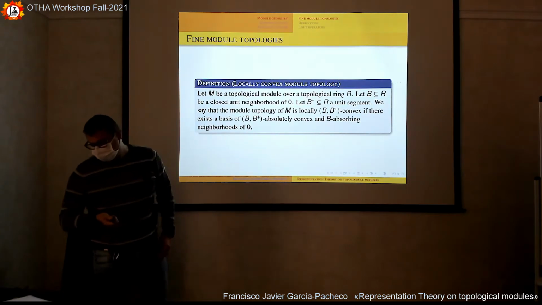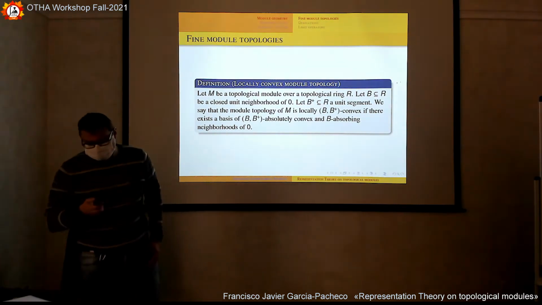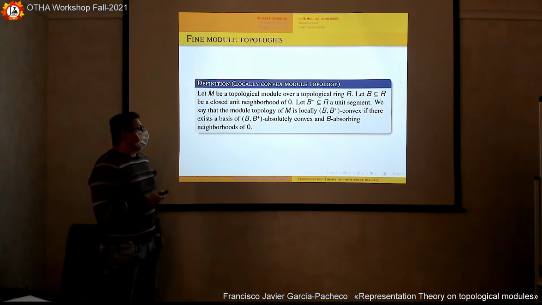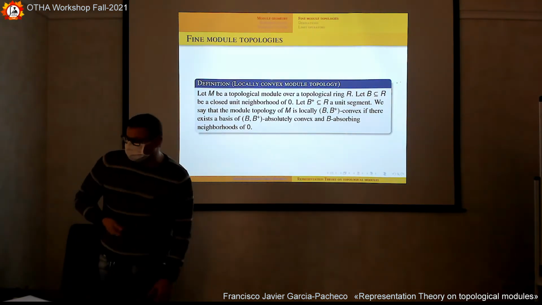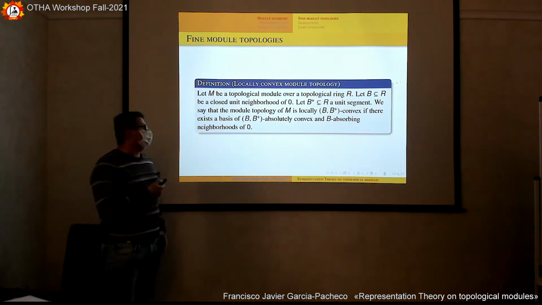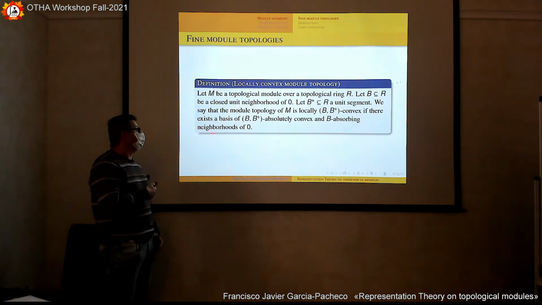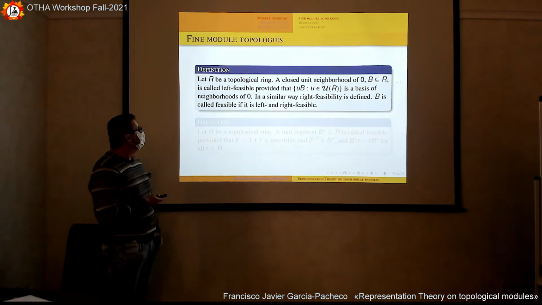So we managed to prove that if you consider suitable closed unit neighborhoods of 0 and suitable unit segments, which can be found in many topological rings, then there exists the finest locally convex module topology, which is the following theorem.